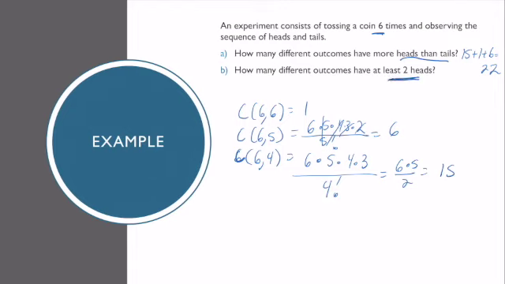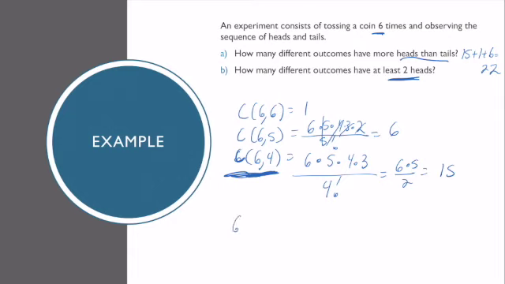Now, how many outcomes have at most 2 heads? That means I could be all of this plus that which has 3 heads and that which has 2 heads.